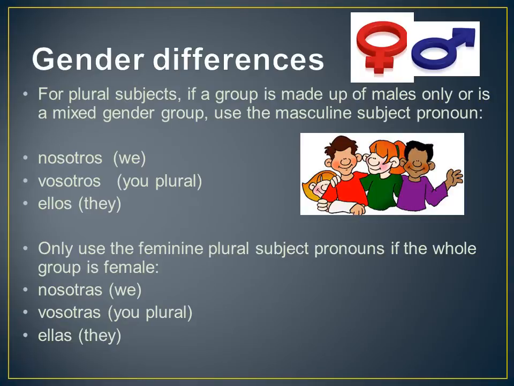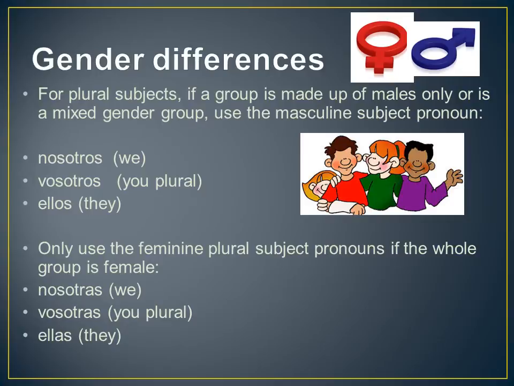Things also get a little more complicated when we mix in the gender differences when we're talking about groups of people. For plural subjects, if a group is made up of males only, or if it's a mixed gender group, we will use the masculine subject pronoun.